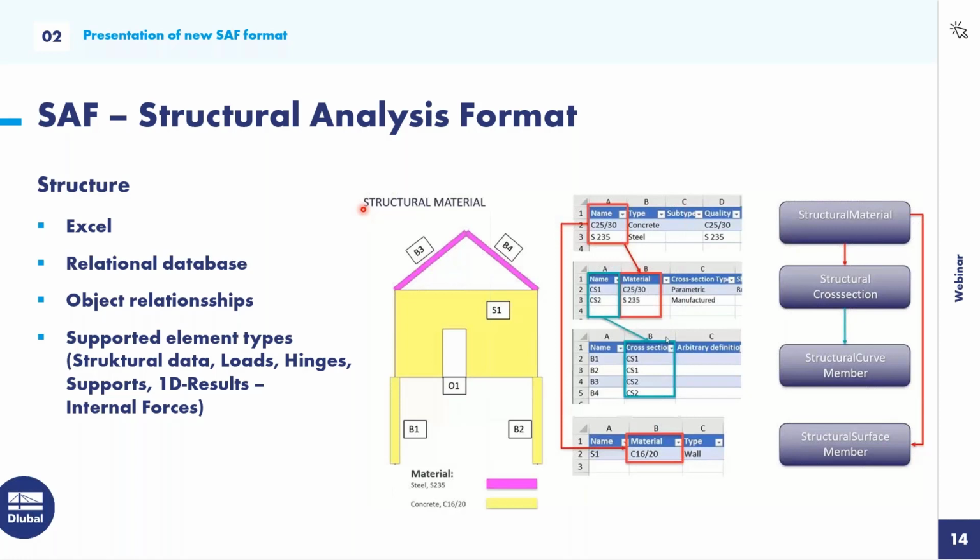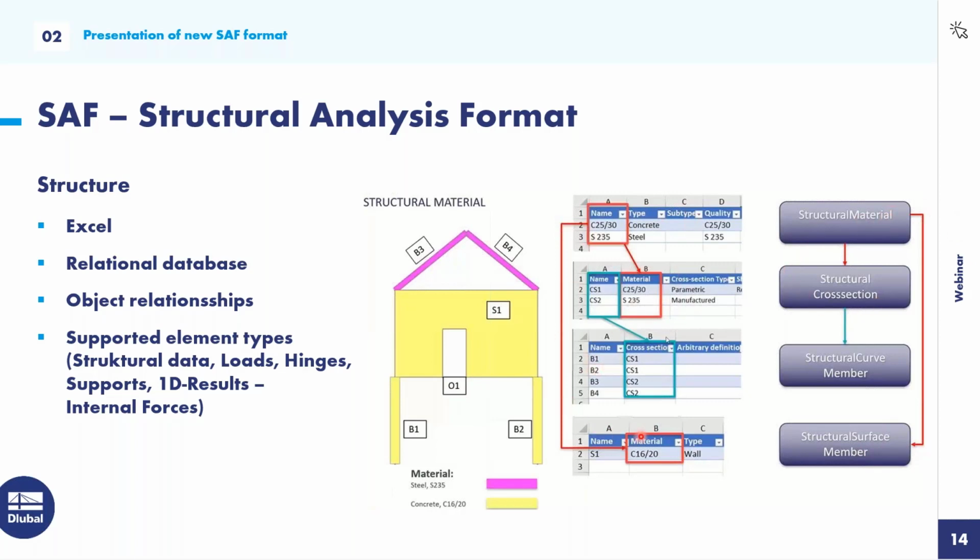What do we have as other characteristics of this SAF format? As I already told you, we have the Excel format. It's a relational database. Relational means similar to RFEM 6, you have different links, so different relationships between the tables with which different objects can be linked. For example, you have the structural surface member, and this consists of a structural material and also a structural cross-section.